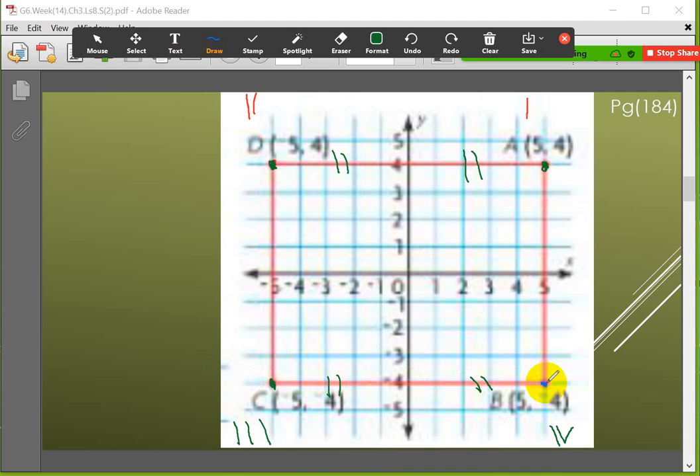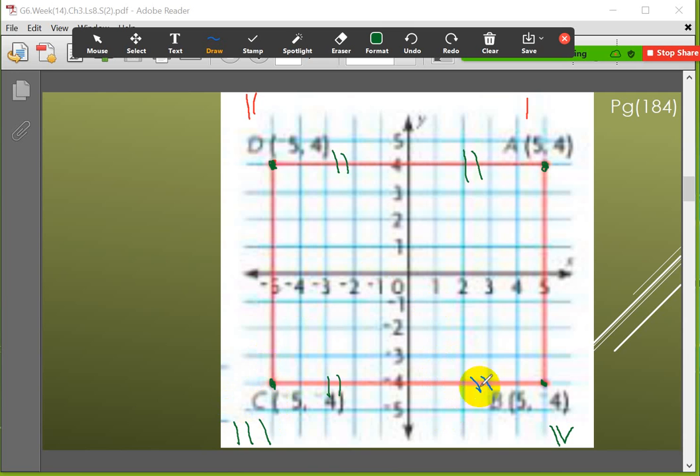B is a reflection of C according to the y-axis, and C is a reflection of B according to the y-axis also. So the y-axis is here a line of symmetry for those points, B and C.